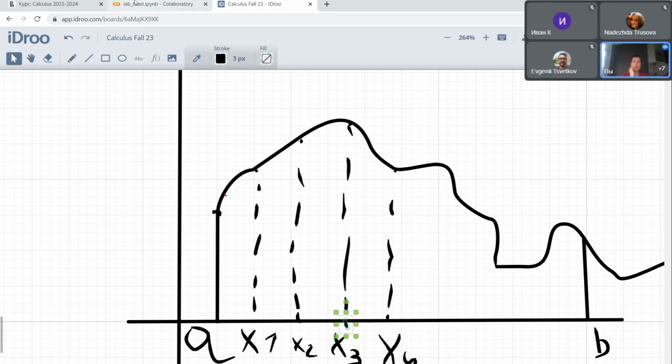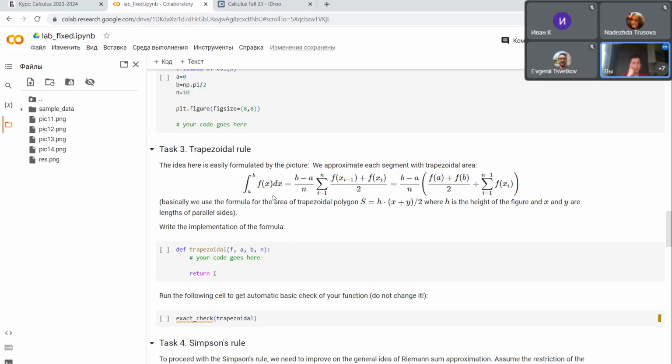We can do the following thing. We can approximate our true area under the curve, or our true definite integral, using the average of the values of the function at the borders.